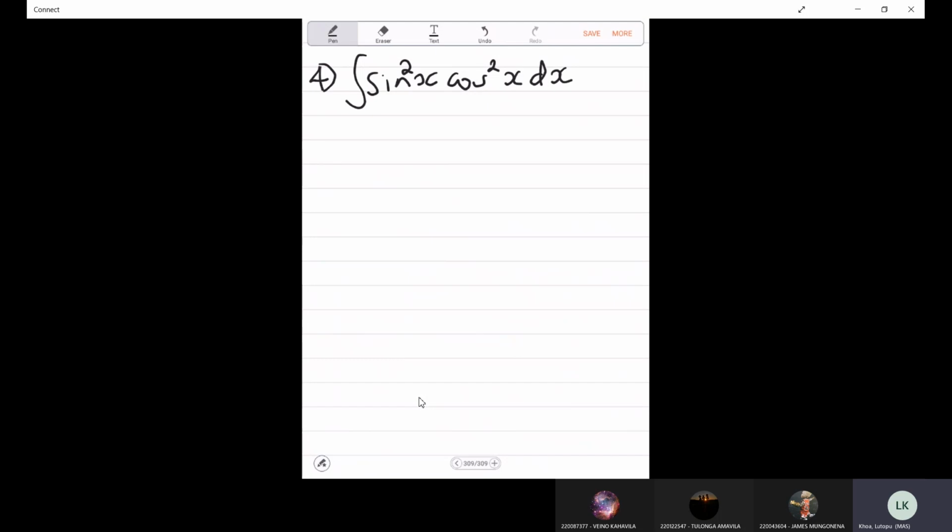But either way, it should still work. So here we have sine squared of x, and then the cos squared is the one that I'm going to rewrite. I have 1 minus sine squared of x dx.